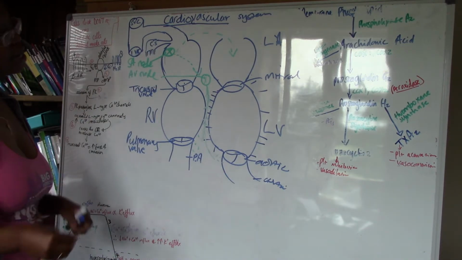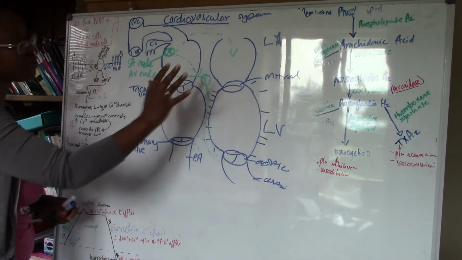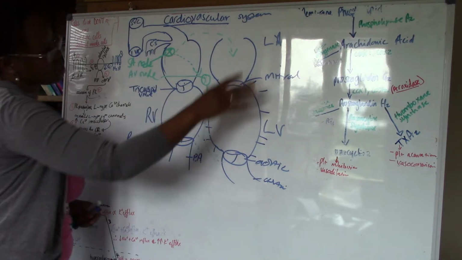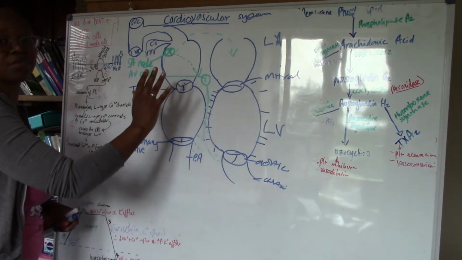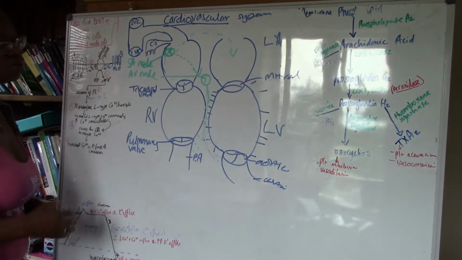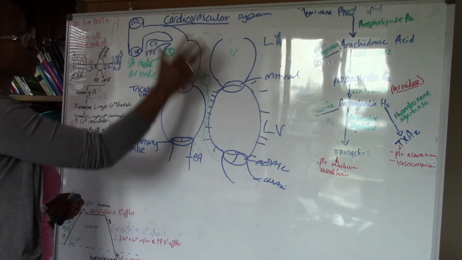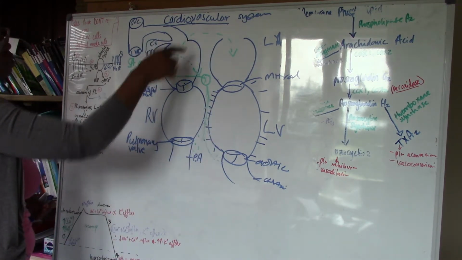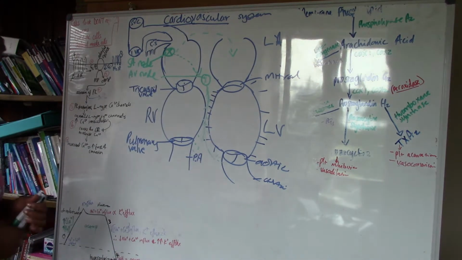The coronary sinus collects deoxygenated blood from the heart itself. So this is blood that is coming from the myocardium itself. Remember when I said the epicardium has all the coronary vessels. So this is the coronary sinus collecting deoxygenated blood from the heart.